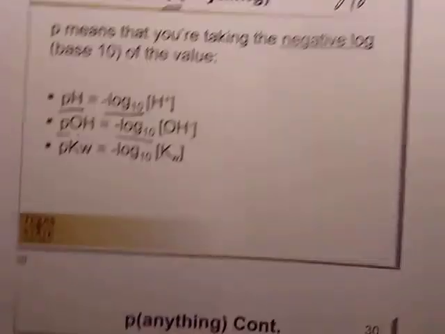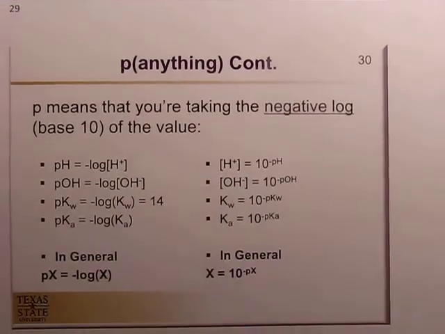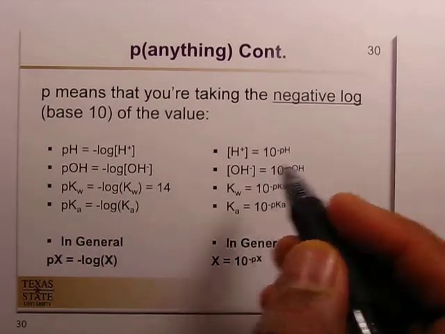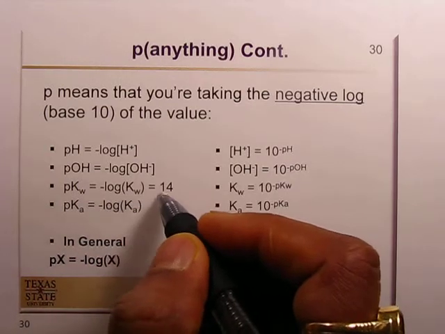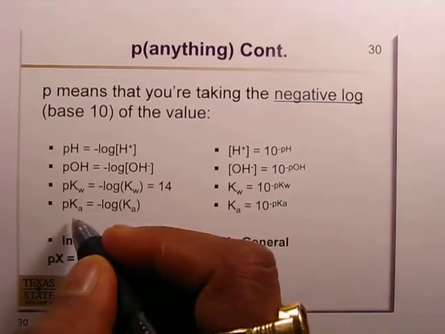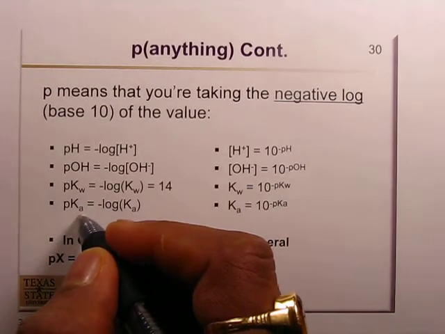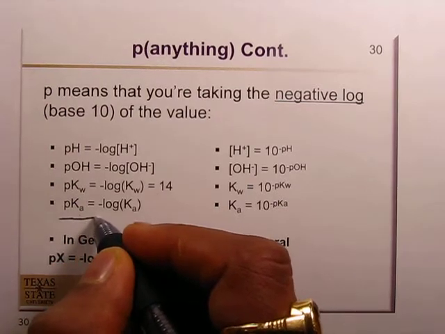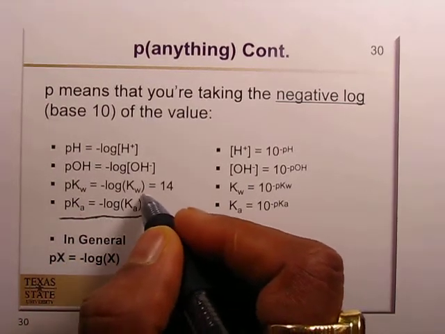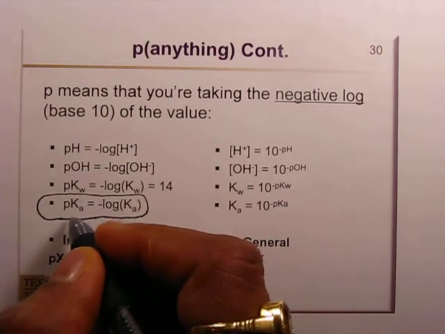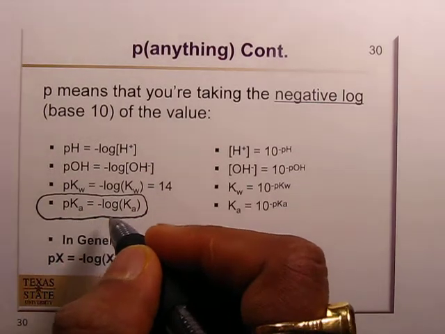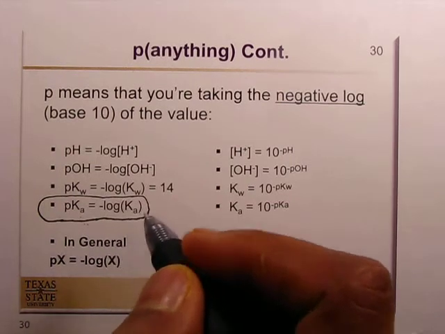So let's see some more examples. If P is written for anything, like pKw, which we have already seen, or pKa, once you read more detail about acids, you will come across this term many times.